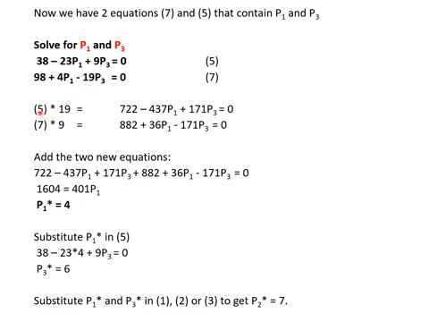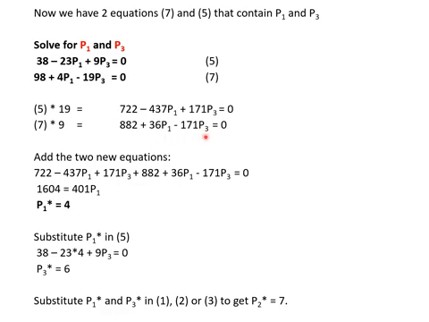So in other words, we multiply equation 5 by 19. So 38 times 19, 23 times 19, and 9 times 19, you get 171 equals 0. And then with equation 7, we multiply through by 9, and we end up with this equation here.